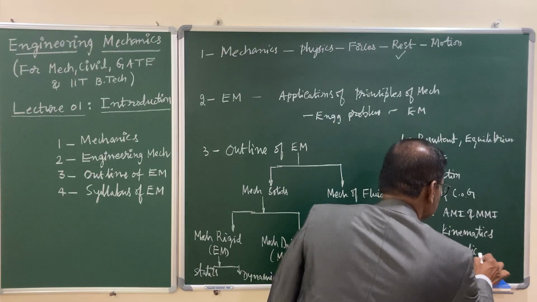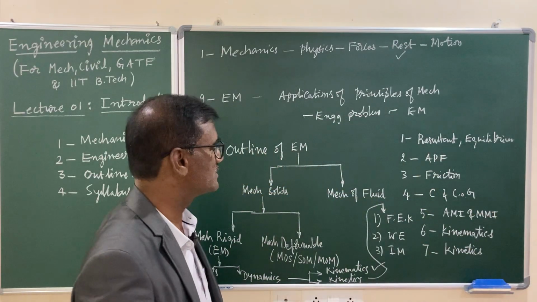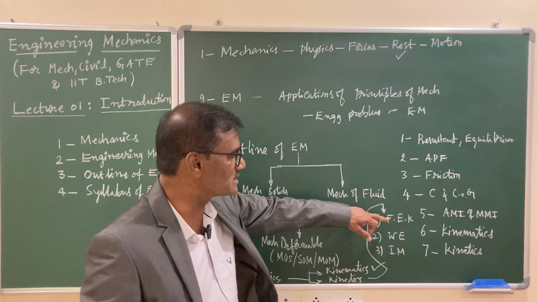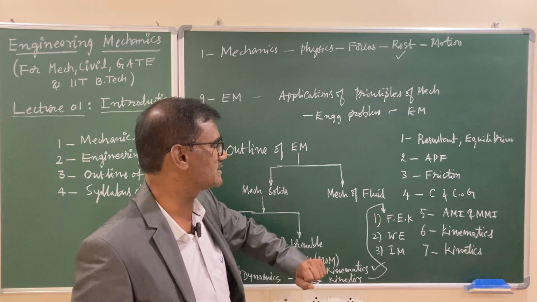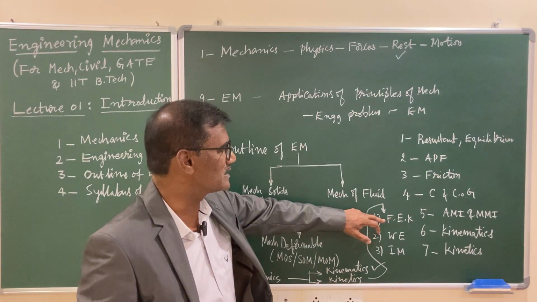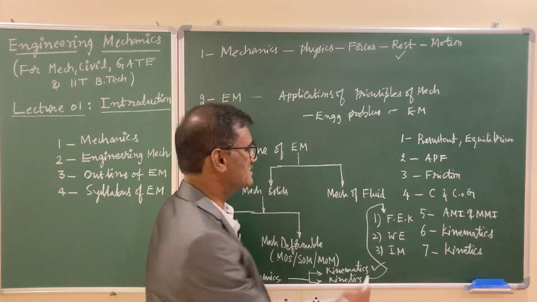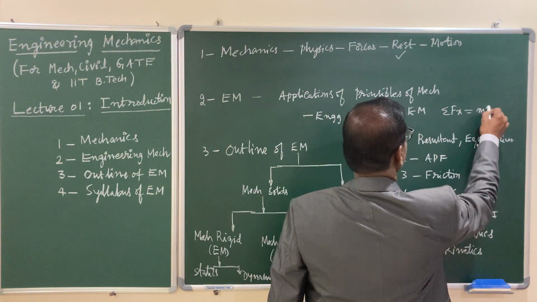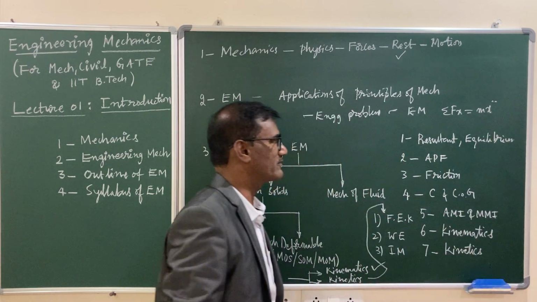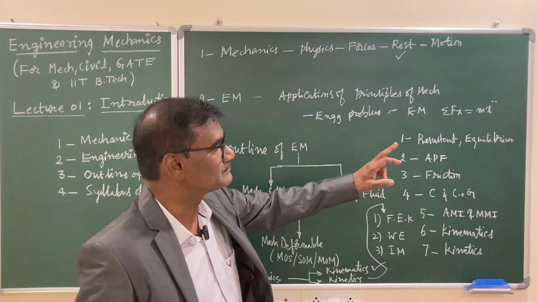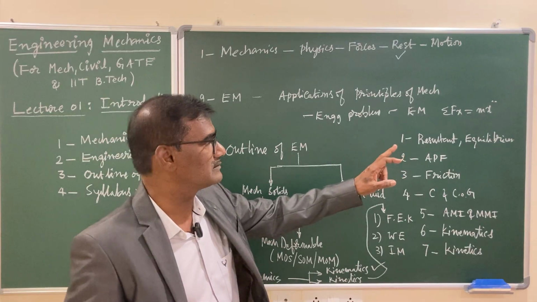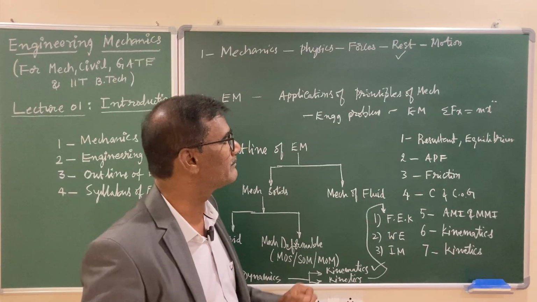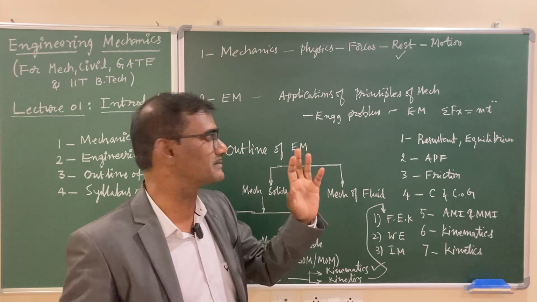In kinetics, we are going to discuss the kinetic problems by the fundamental equation of kinetics. Newton's second law of motion is also known as the fundamental equation of kinetics, and that equation is sigma Fx equals mass into acceleration. If you write mx double dot, mass into acceleration, to the left hand side, then the system is said to be in dynamic equilibrium, and that concept is known as D'Alembert's principle.